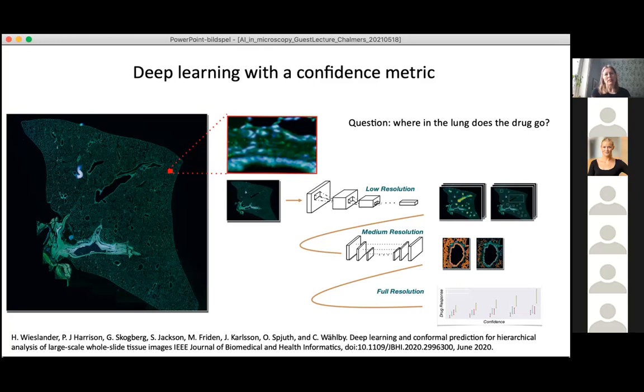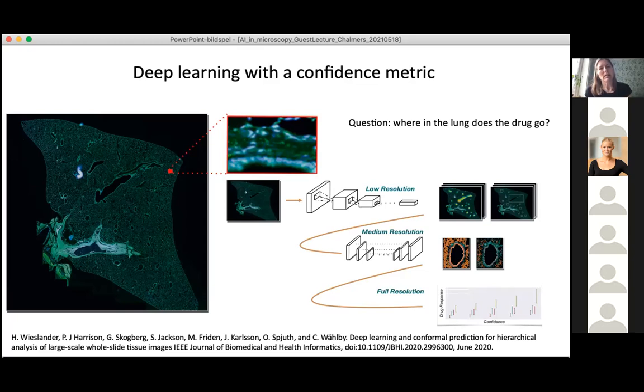And the parts of the tissue that we care about are actually two of the very, very thin cell layers in the epithelium of the airways. So there are huge parts of the image that we do not at all care about. What we really want to do is to look at the highest possible resolution in a very small part of the image. But in order to figure out where this small part of the image is, we work with multiple resolutions.